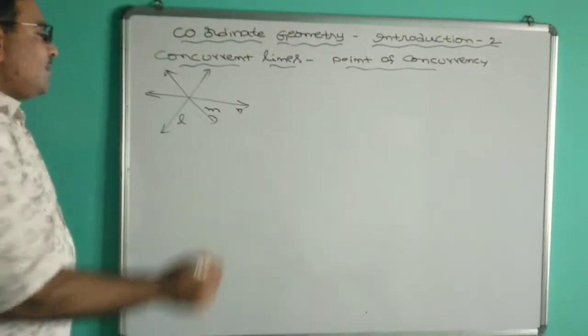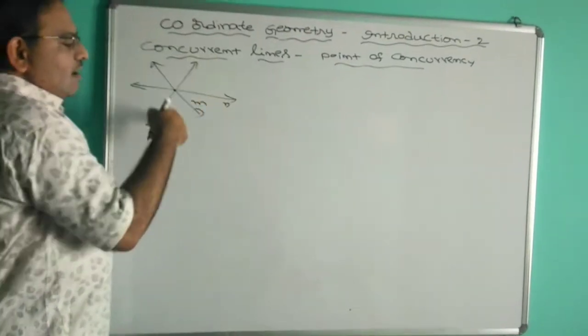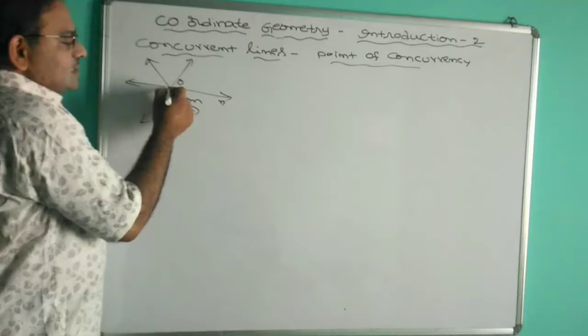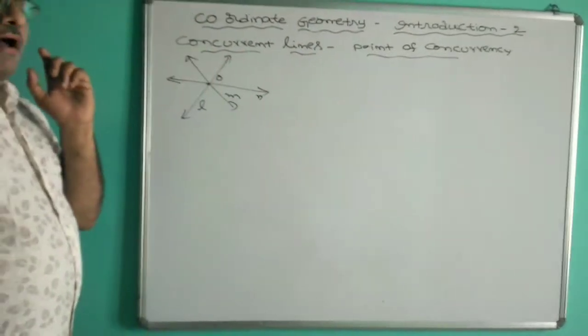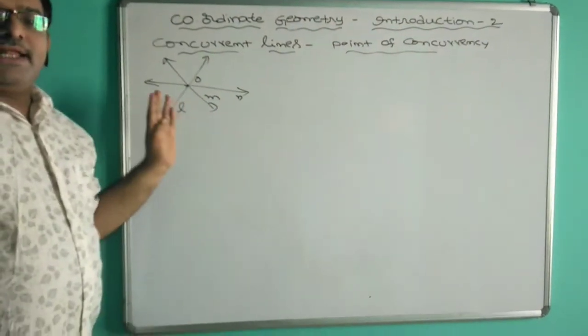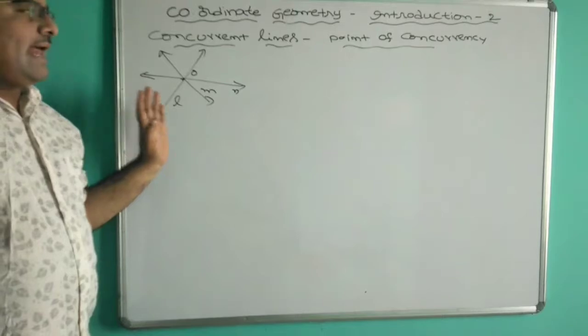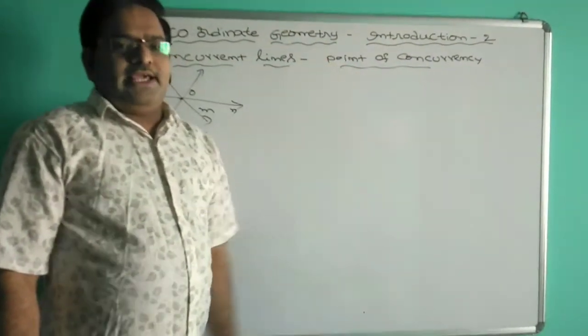If the three lines are passing through the same point, then the lines are called concurrent lines, and this point is called the point of concurrency.